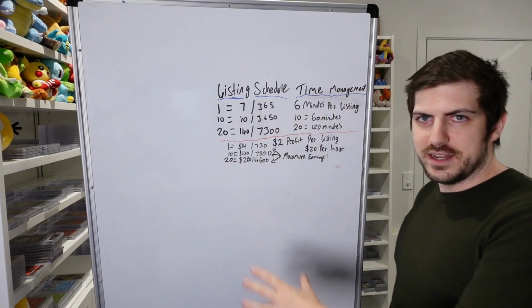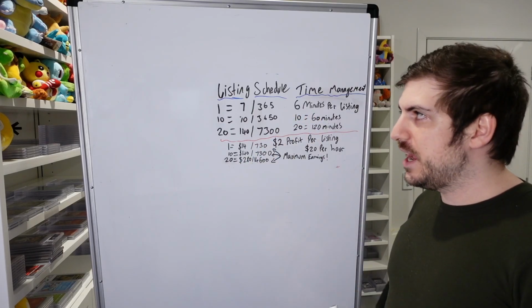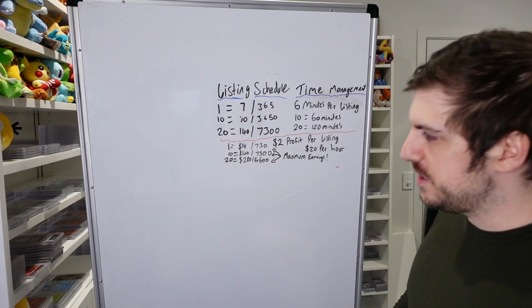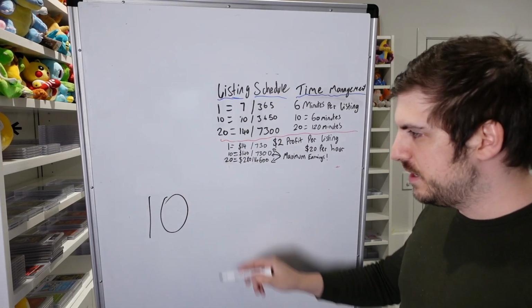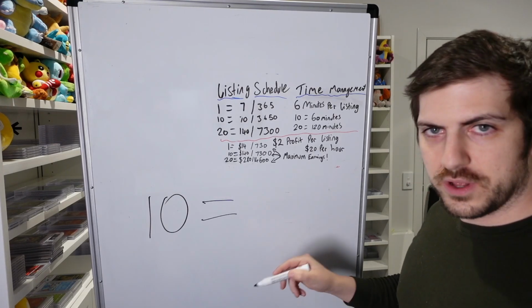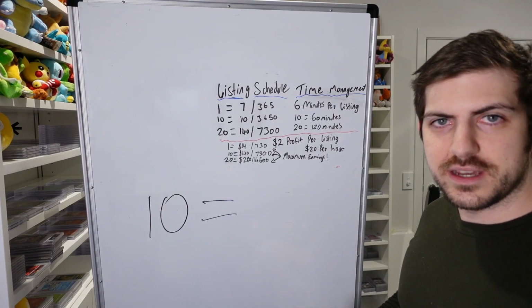To understand how much we can actually make with that hour of work, I'll explain it right here. If we have 10 listings that we do in 1 hour, and those 10 listings are $2 profit per listing after they sell.